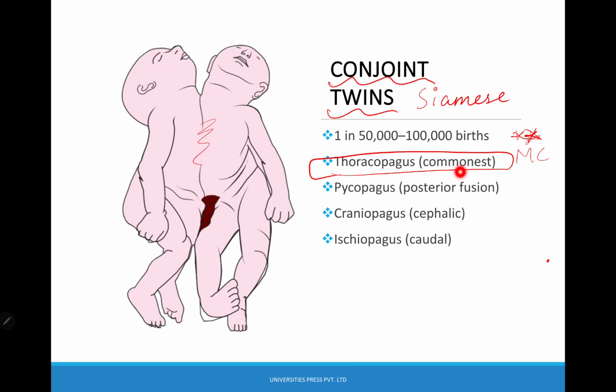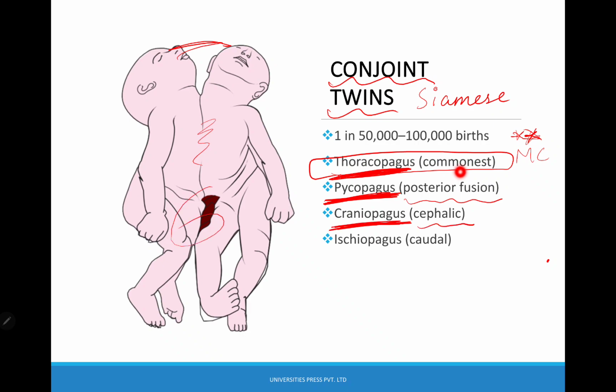If there is a posterior fusion, that is, the back is going to be fused, then it is known as pygopagus. Thoracopagus, pygopagus, that is posterior fusion. If the cranium is going to be attached, then it is craniopagus, that is cephalic.